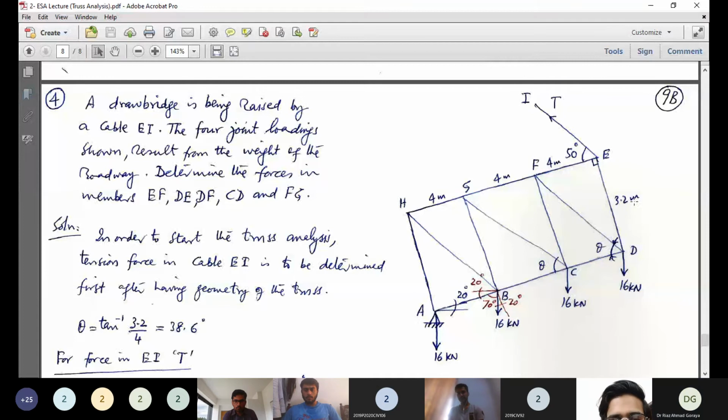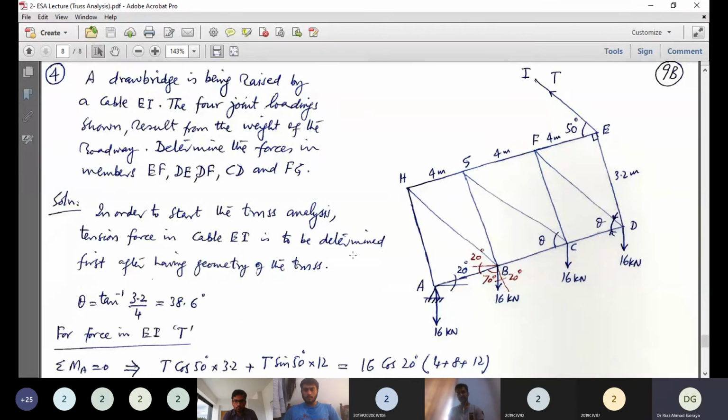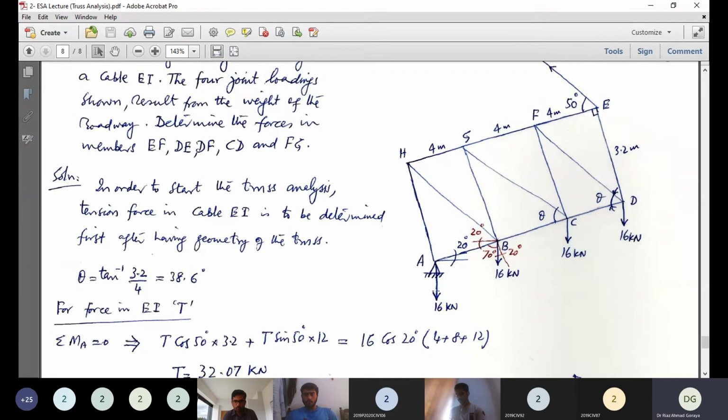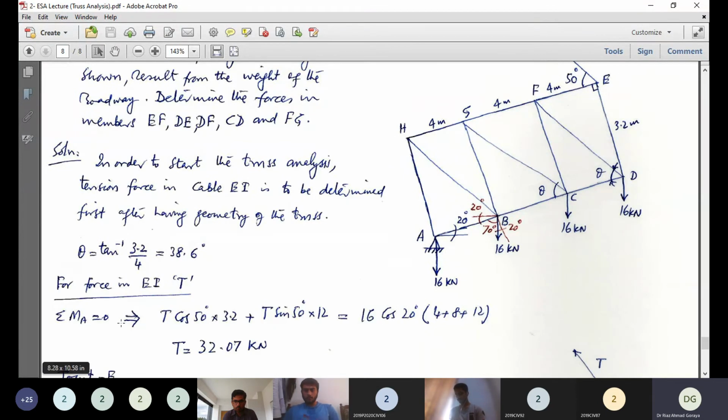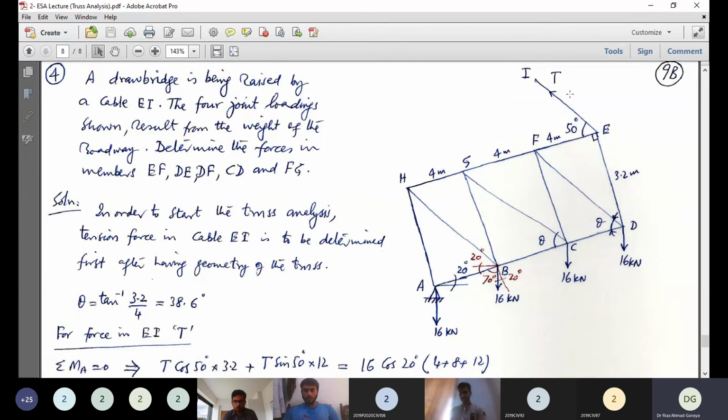Now for the force in cable EI, let it be T, टेंशन, जाहिर टेंशन ही होगी, जिस तरह पंखे के रॉड में हमेशा टेंशन होती है, कंप्रेशन कभी भी नहीं हो सकती। सो वी टेक मोमेंट एट A, क्योंकि जो रिएक्टिव कंपोनेंट होंगे, वो 0 हो जाएंगे। सो सिग्मा M इज इक्वल टू 0। अब इसके दो कंपोनेंट आएंगे, T cos of 50 and T sin of 50.